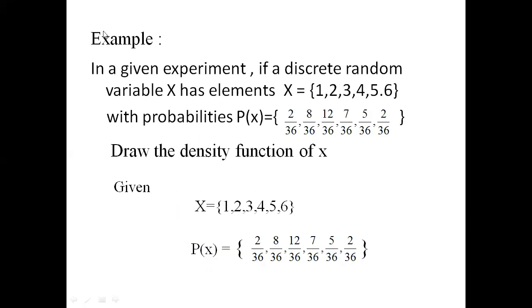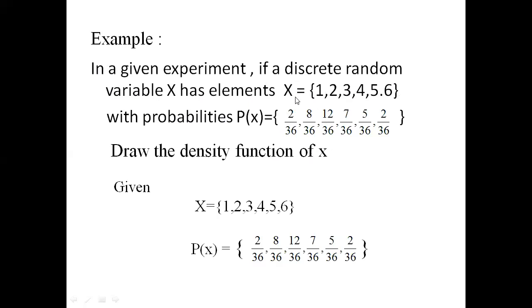We are taking the same example from the previous lecture. In a given experiment, a discrete random variable x has elements x equal to 1, 2, 3, 4, 5, 6 with the probabilities p of x equal to 2 by 36, 8 by 36 and so on, 2 by 36. Draw the density function of x.